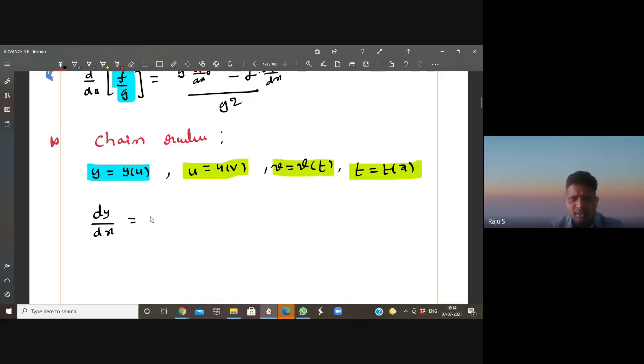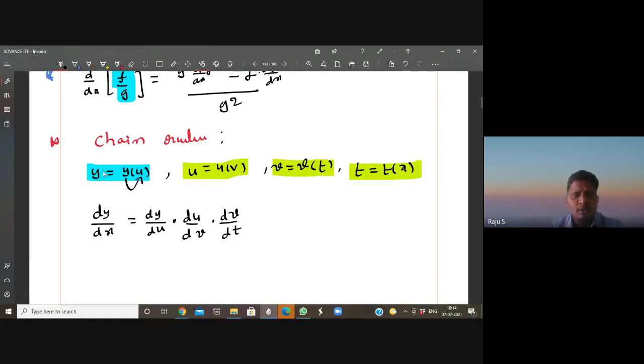So for that, first y is a function of u, so dy by du. And u is a function of v, and v is a function of t.